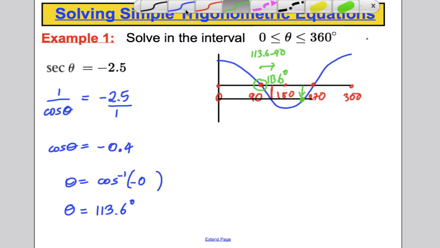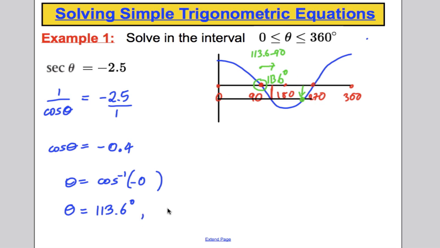So the next one would be 270 subtract 23.6 degrees. So my theta would be 113.6 degrees on one hand, and on the other hand 246.4 degrees.